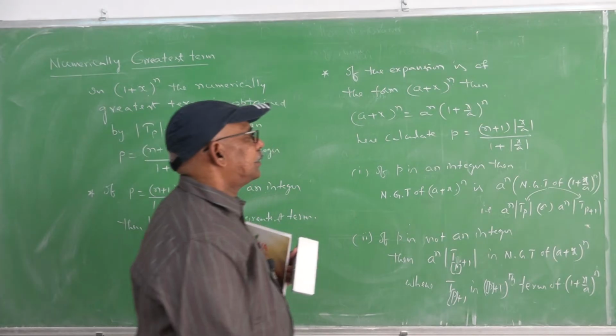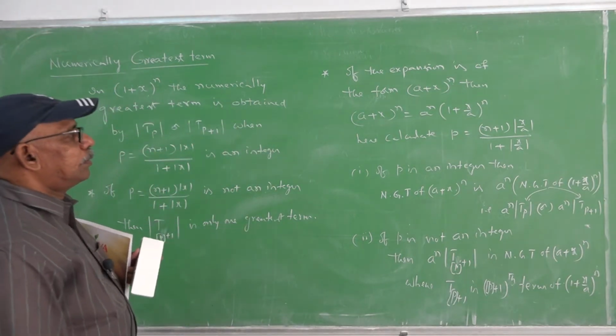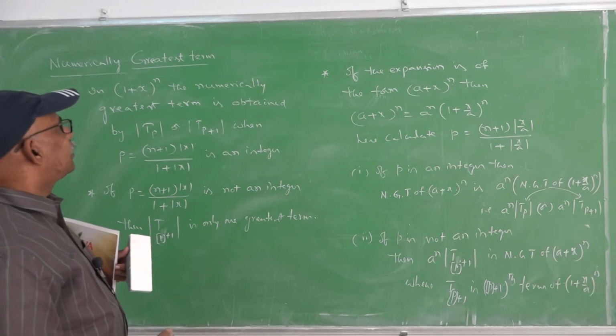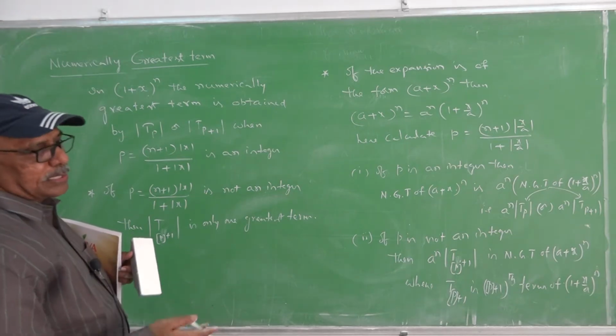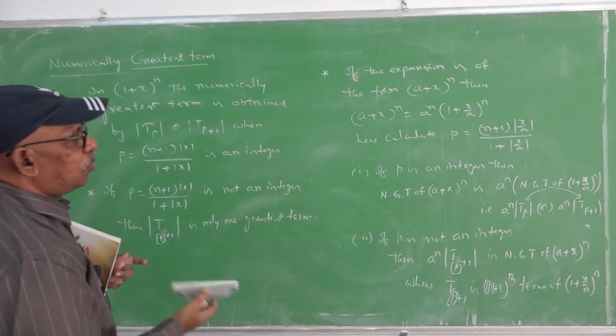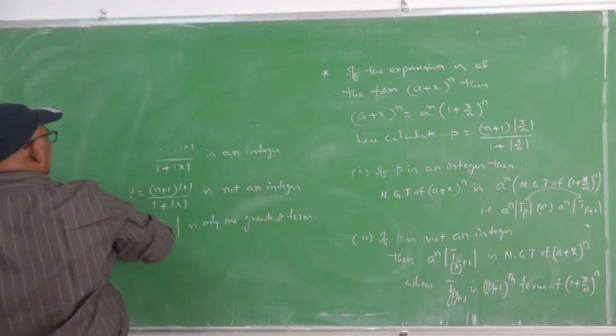This is the process of finding the numerically greatest term of the binomial expansion, either in the form (a + x)^n or (1 + x)^n.